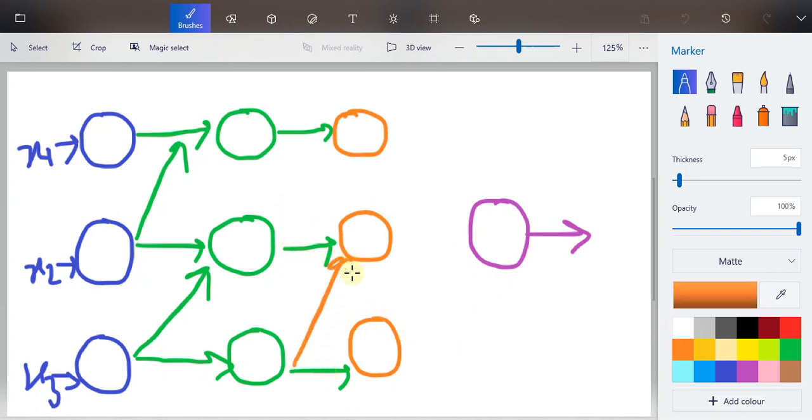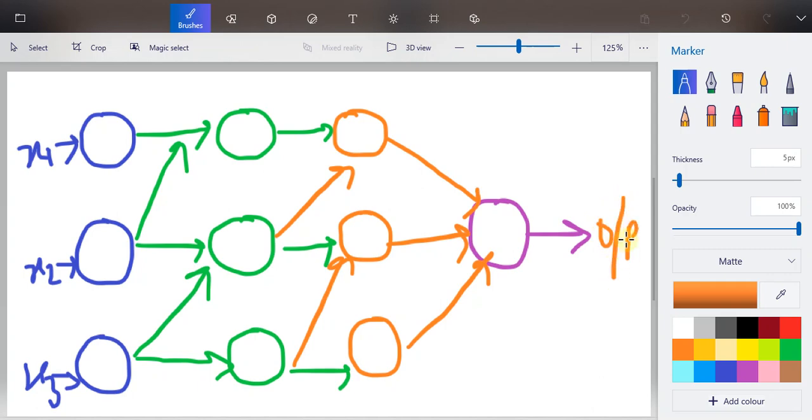From any layer to any layer it's possible. At any level to another level, the information may be sent in many different ways, and it can be a combination of information at a particular layer. Then from the hidden layers the output comes to the output layer, and finally from the output layer my required output is generated.